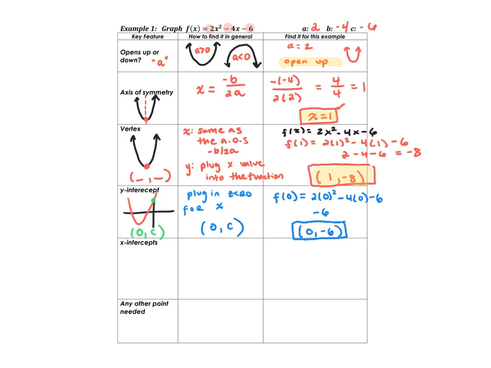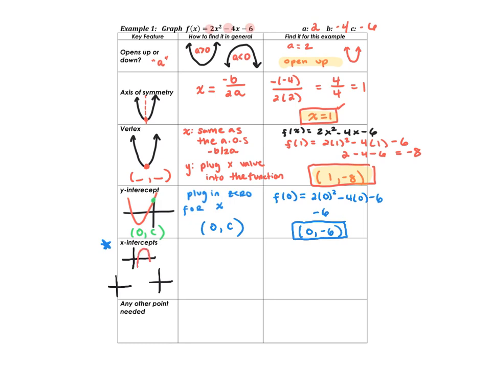Okay, so the x-intercepts. This is what I think can be the hardest for people. So your x-intercepts, I'm just going to draw a little picture, is where you have the parabola touch the x-axis. And there's 3 different possibilities.